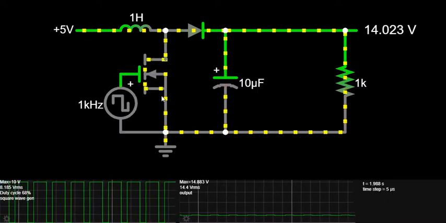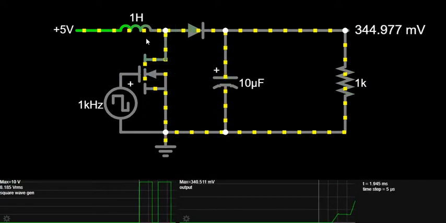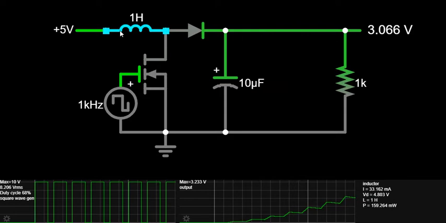Now the MOSFET is off. So what will happen in this condition? The inductor stored some energy during the on time, and it will release the energy during the MOSFET off time. This energy will go here and here. It will charge the capacitor and will also be available at the output.